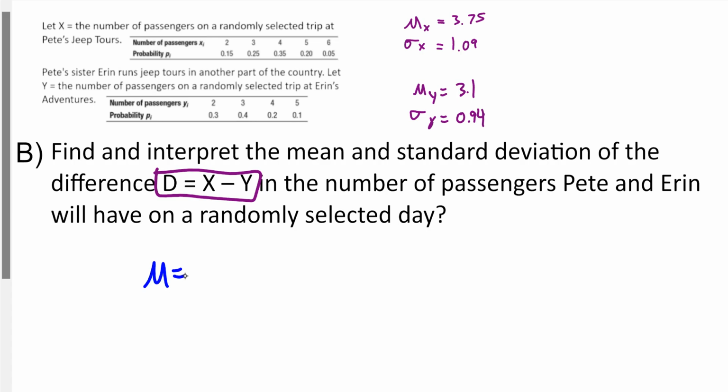So feel free to pause it if you'd like. But I would be subtracting for the means. And you get an average of 0.65 passengers difference.